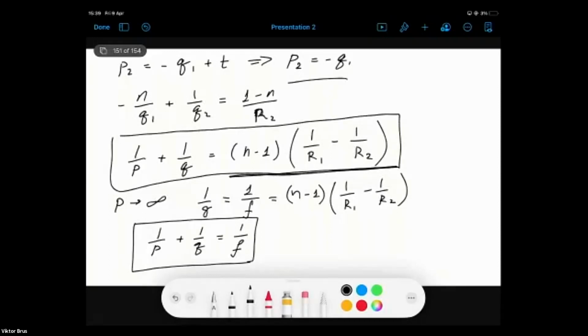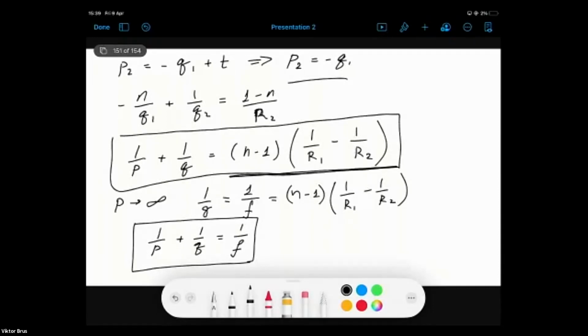So here we have the general form of the thin lens equation, which is technically the same as the spherical mirror equation, and gives us the relationship between the position of the object, the position of the image formed by the thin lens, and one of its main parameters, the focal distance.